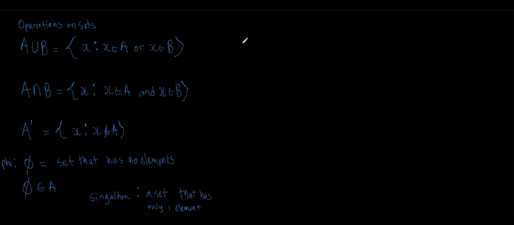So if I say A is equal to 1, 3, 5, 7, 9, and B is equal to 3, 6, 9, 12.